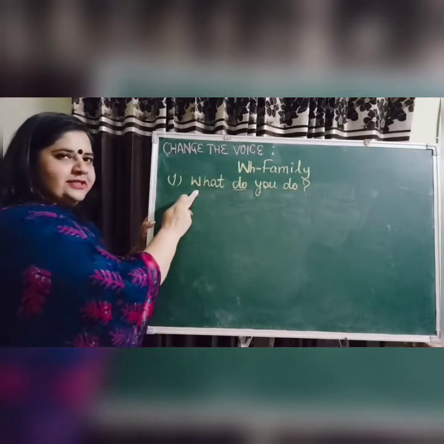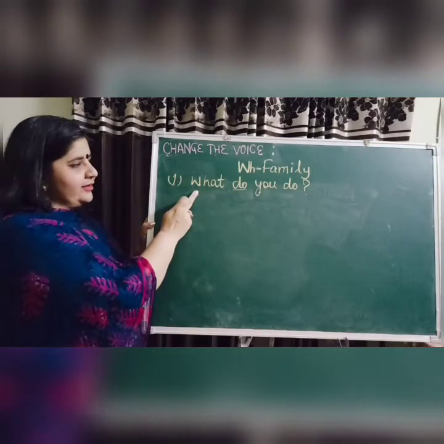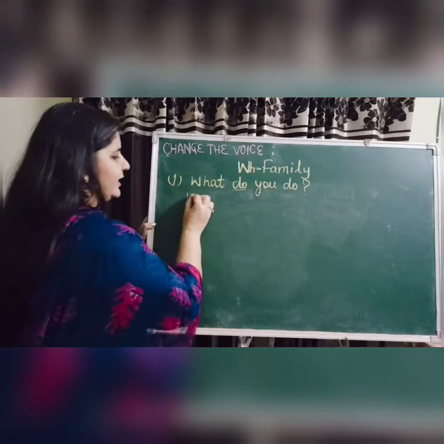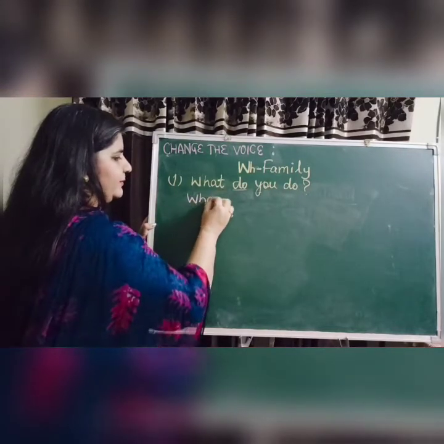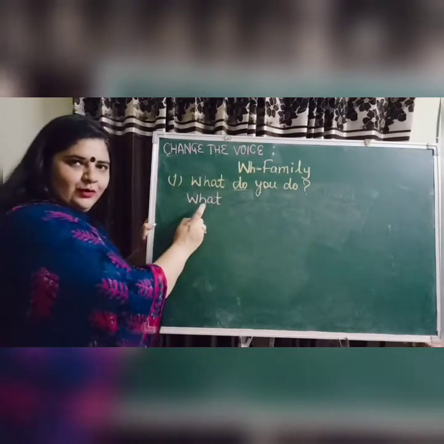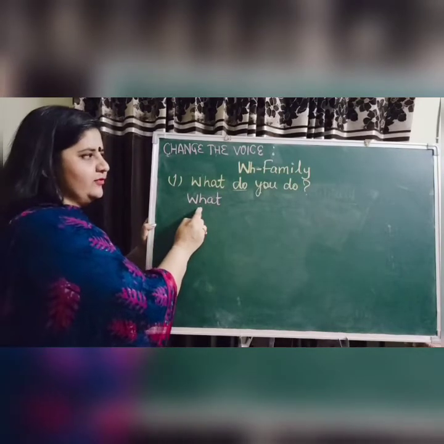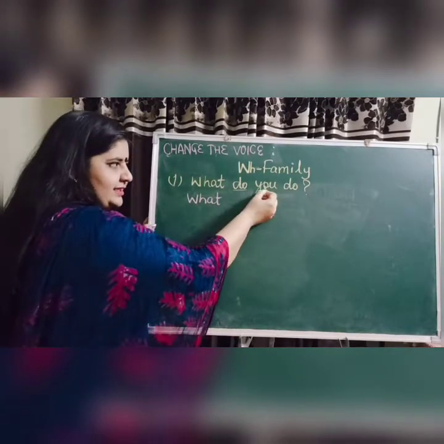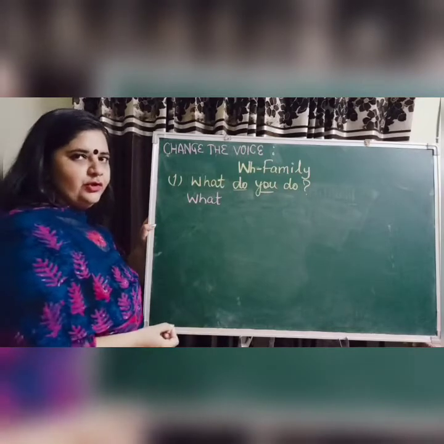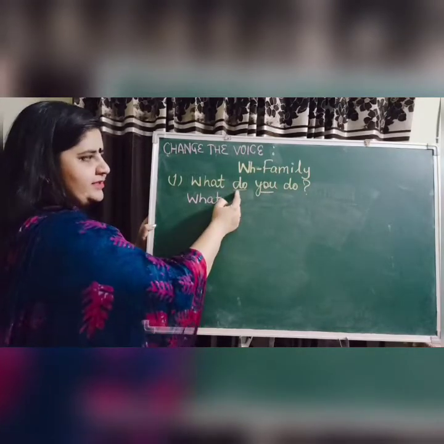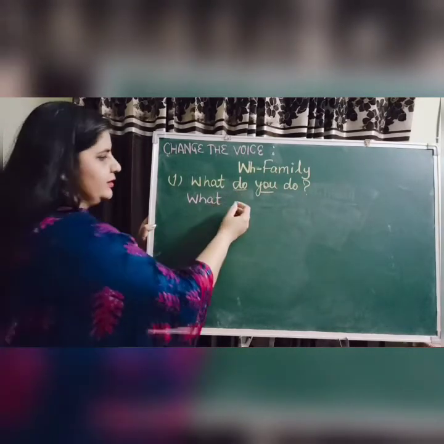Now dear students, what is very arrogant? It does not let any other word to come in the beginning. So what will be in the beginning of the sentence? Now this is object, that is you. And we'll replace do or does with is, am or are.